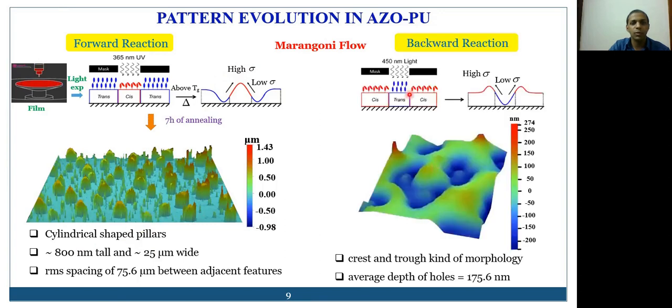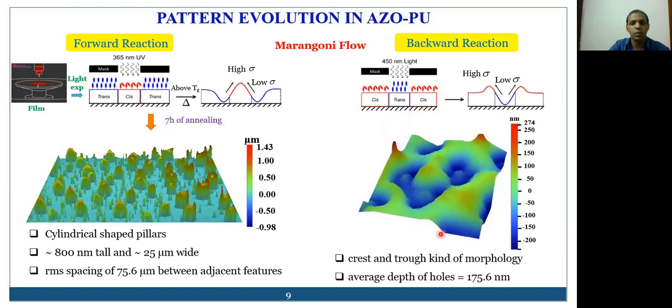And you could also do that with the backward reaction. That is, if you start with an all cis structure and uniformly expose it to UV light, and then selectively expose it to visible light, you cause depressions or holes in the exposed regions. And of course, Marangoni flow is not the only flow contribution.